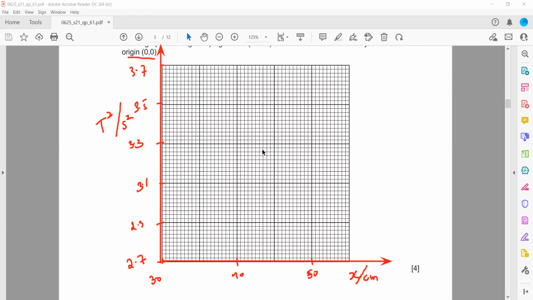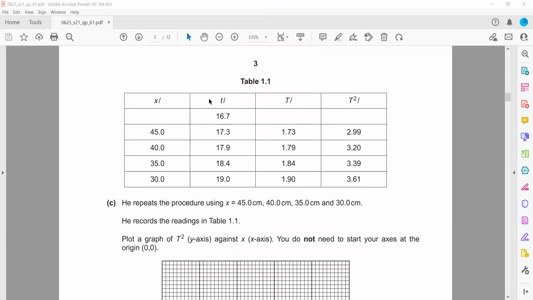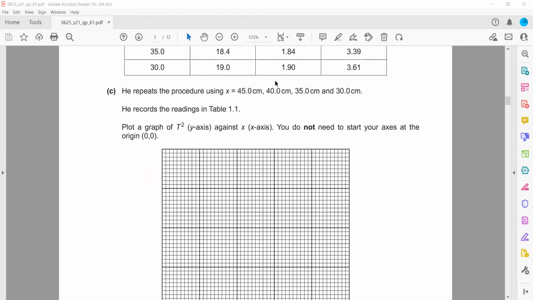And after that, this one is 35, this one is 45. So what are the values when time is the t square? 2.79 was there, and this t square is 2.78 for 50.